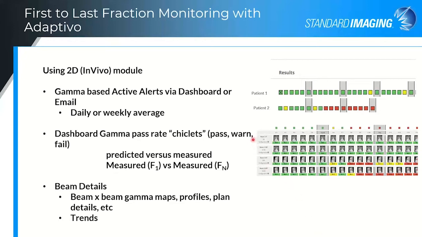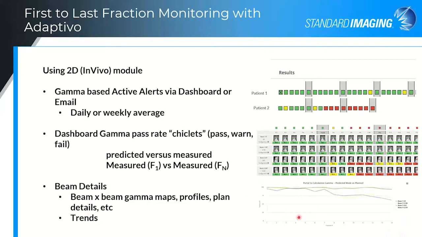Next, we have some beam details. So here you can see that we have 4 different beams, beams 1 through 4, and then of course the fraction by fraction results. And for each and every one of these beams and fractions, you see the gamma pass rate. And then you can open the plan up deeper to look at profiles as well as additional trending information.